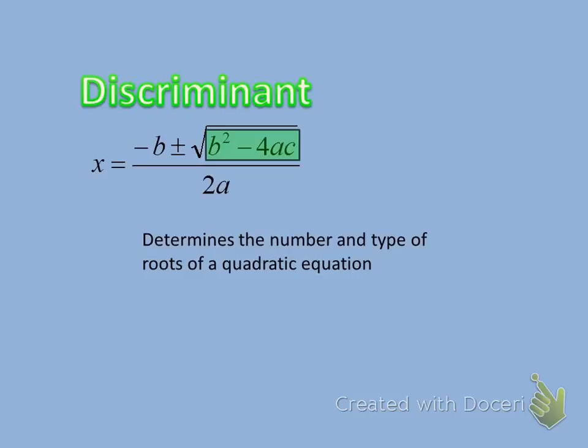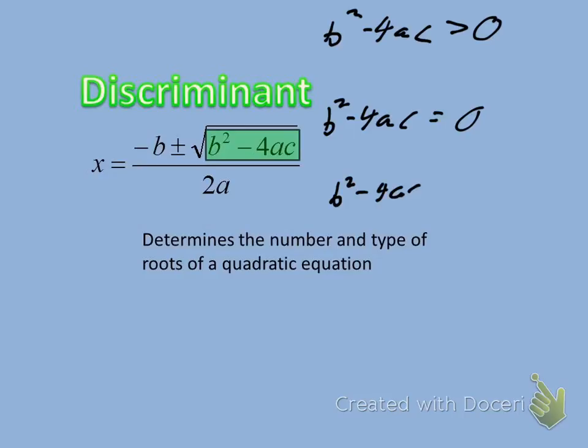So, as far as you're concerned, let's put it up here: b squared minus 4ac can be greater than 0, b squared minus 4ac can be equal to 0, b squared minus 4ac can be less than 0, right?